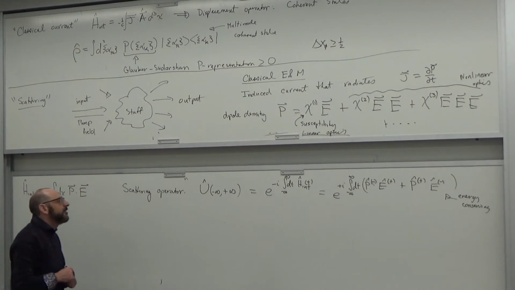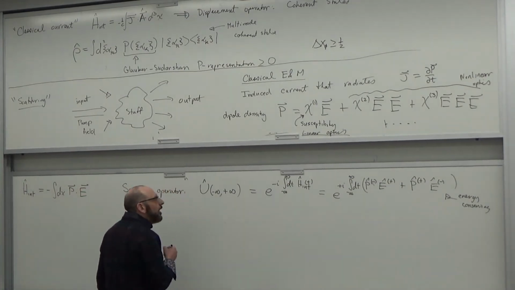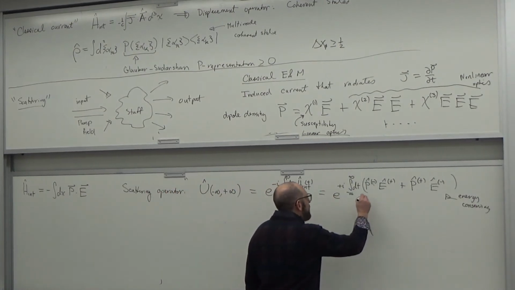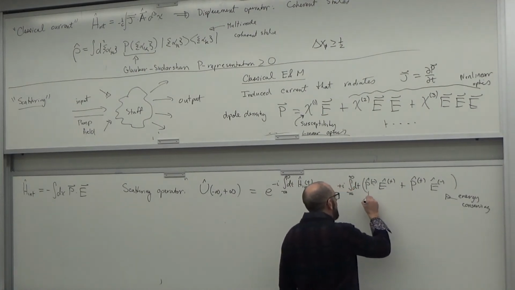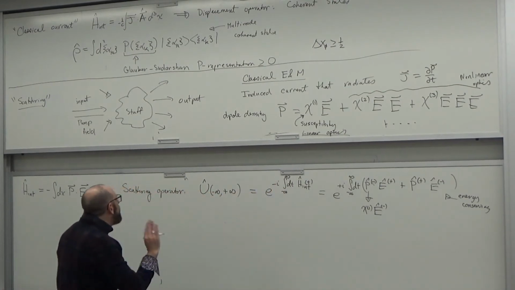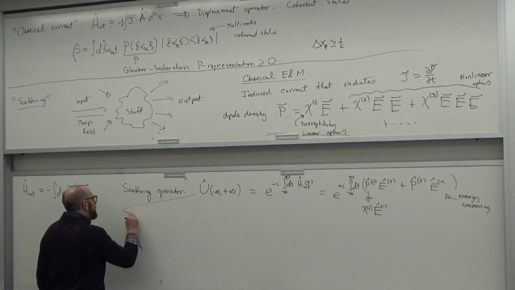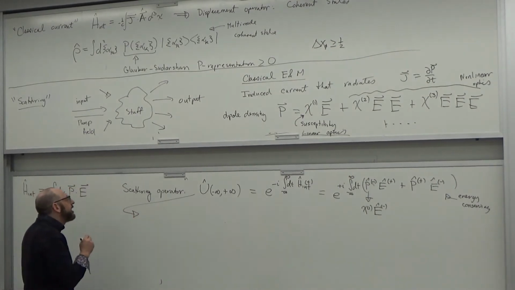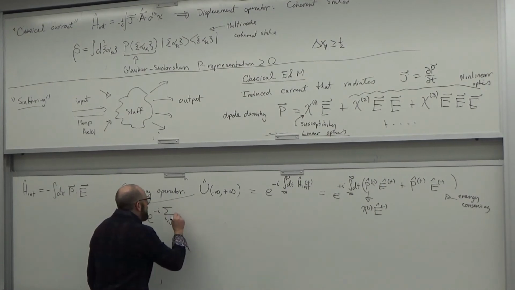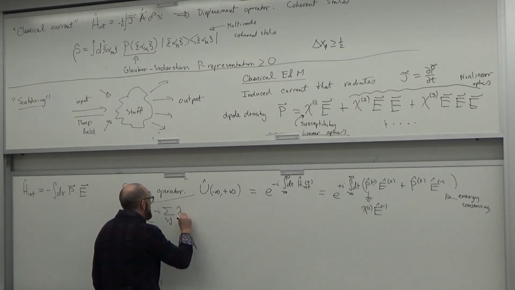So, in this kind of picture, for the example of linear optics, where this kind of thing is something like chi1 E, in this case E minus, what I'm going to see is that this scattering operator is basically of the form e to the minus i sum over modes with some coefficients that I'll call lambda ij.